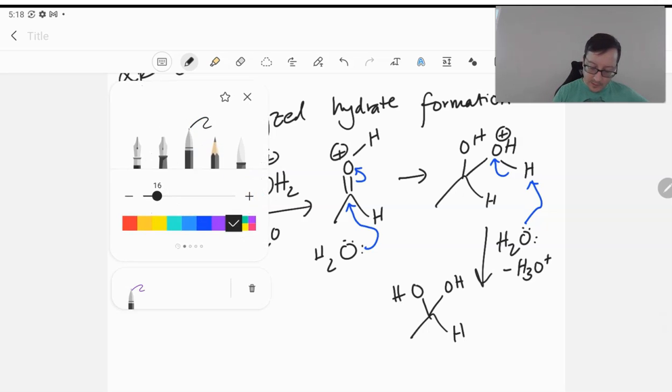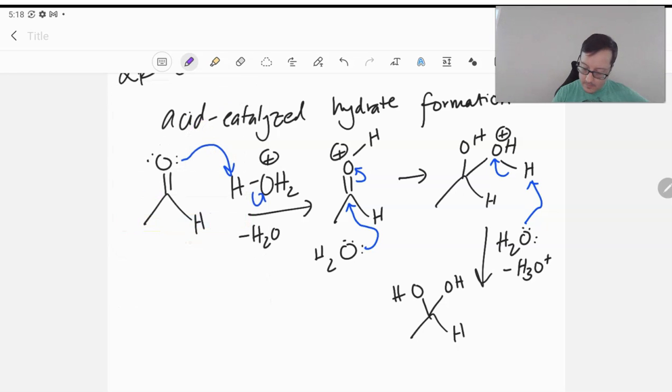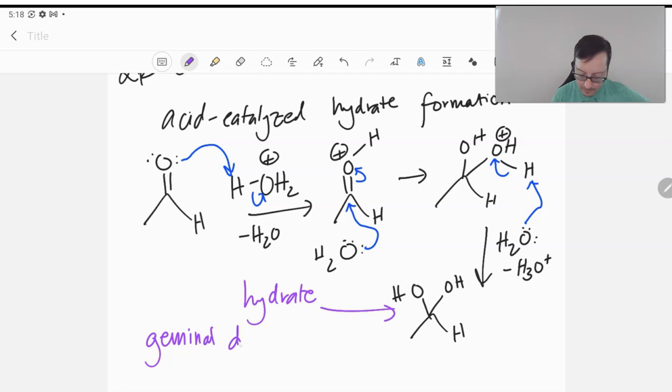This is a hydrate. You might also call this a geminal diol. Geminal meaning they're on the same carbon, diol, two alcohols. So we have two alcohols on our particular carbon here, and we're going to call this a hydrate.